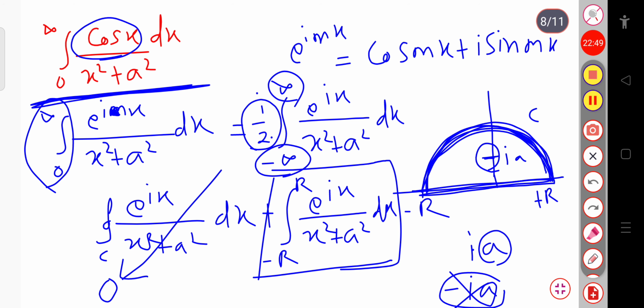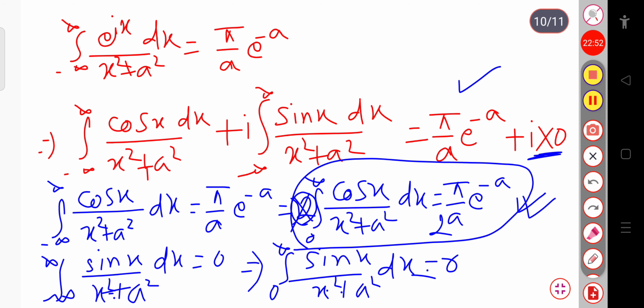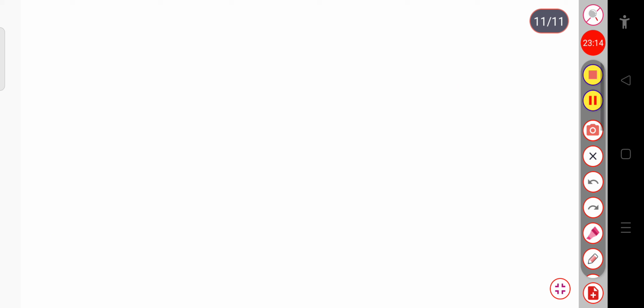After that, if you have taken the integration from minus infinity to plus infinity, then you just have to multiply by 2 into 0 to infinity and calculate the answer. If the question is already in the form of minus infinity to plus infinity, then just write the real part of the answer, or if it is given for the imaginary part, then write for the imaginary part. So I am giving you one homework question.